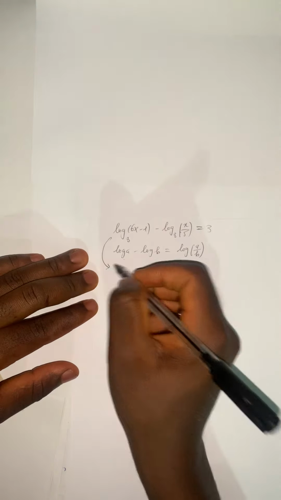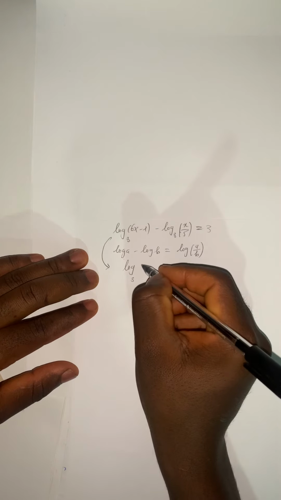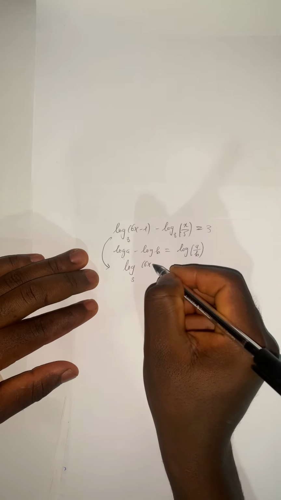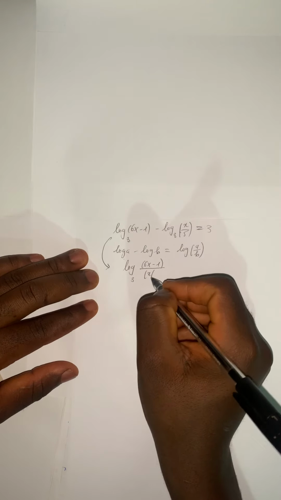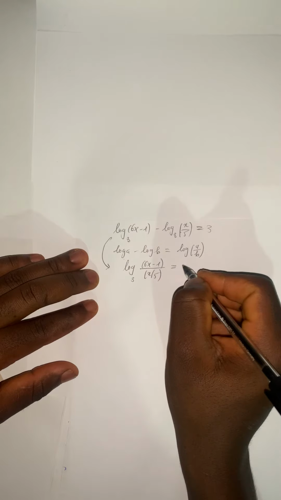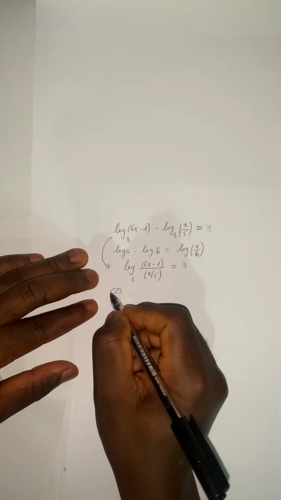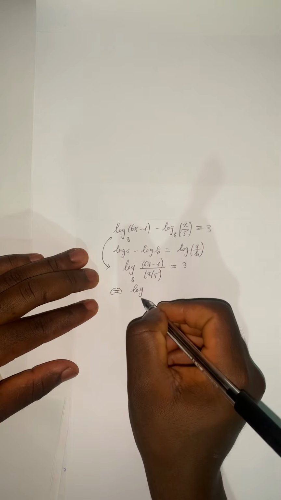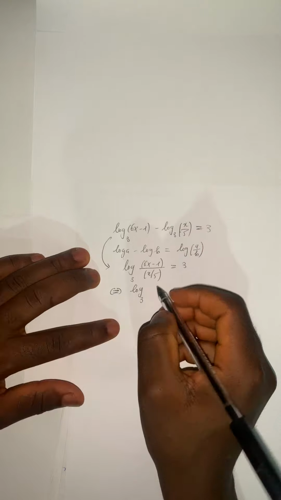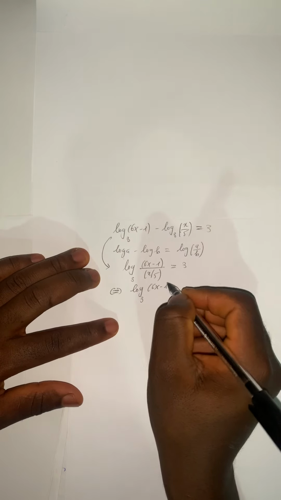So this can then be log to the base 3 of (6x minus 1) divided by (x over 5) to be equal to 3, which is equivalent to log to the base 3 of 6x minus 1.